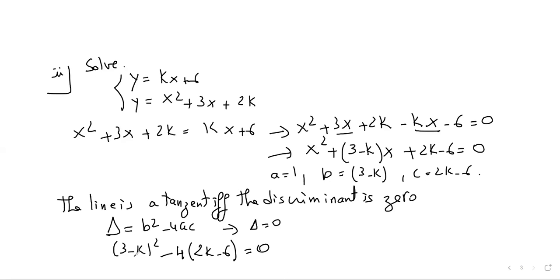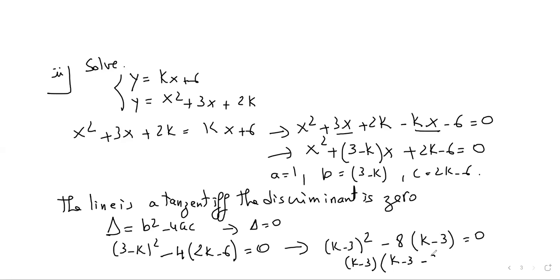Here, for example, I can write it in another way, and it will give me the factorization directly, I guess. So the first one, I can write it as (k minus 3) squared, and I can put 2 as a factor outside, so it will be minus 8 times (k minus 3) is equal to 0. After that, I can put k minus 3 as a factor, so (k minus 3) times (k minus 3 minus 8) is equal to 0.